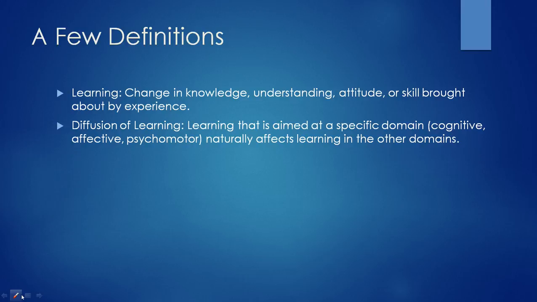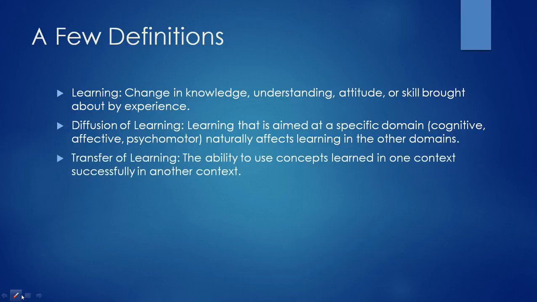It might come from their own fears and their own expectations. So diffusion learning is this idea that yes, we focus our teaching in a specific area, but we realize that learning will happen in other areas as well that we really don't control.